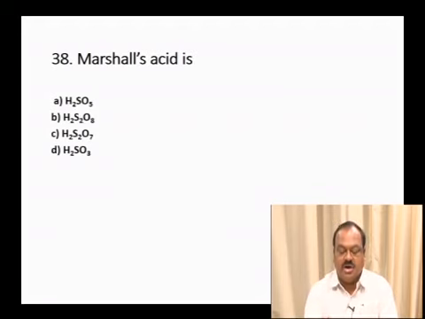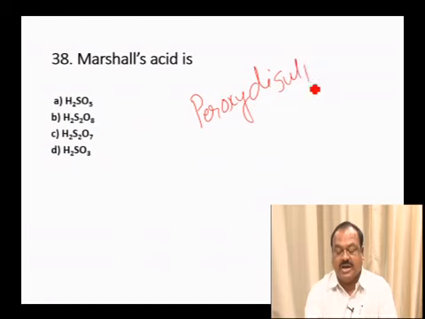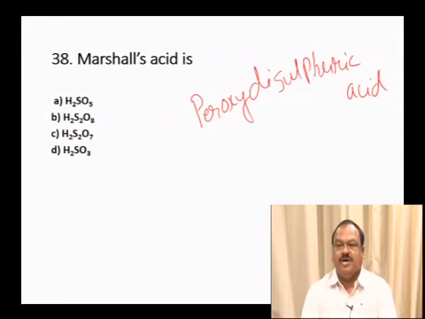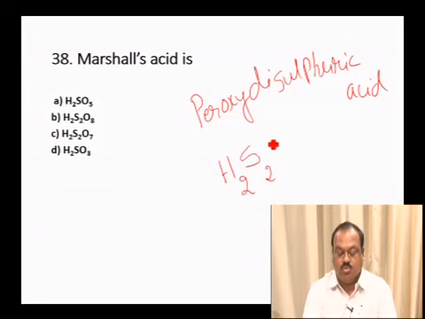Marshall's acid is called peroxydisulfuric acid. Its formula, as we discussed already, is H2S2O8.